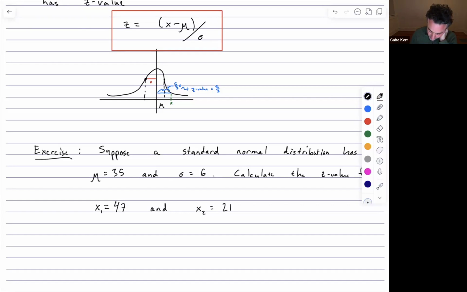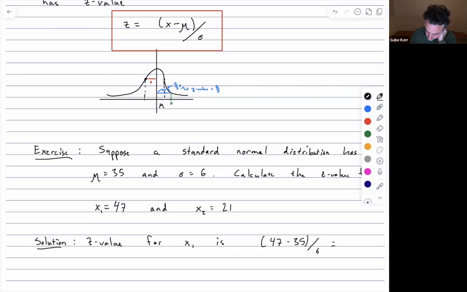Solution: the z value for x1 is, well, we take 47, we subtract mu, which is 35, and we divide by 6.